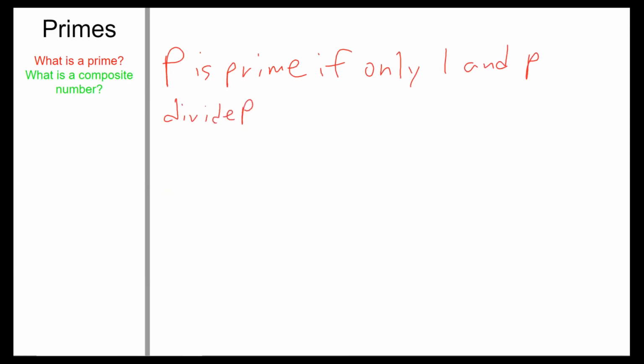So any other number besides 1 and p does not go into p evenly. And a composite number is basically the opposite of that. A composite number is a number where there can be divisors other than 1 and p. So does everybody understand that?